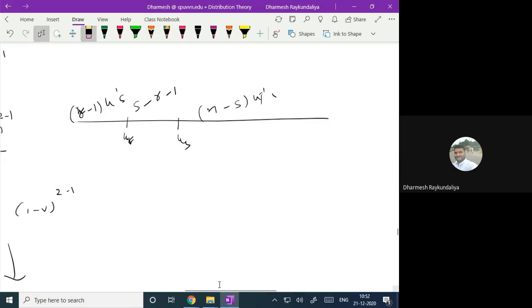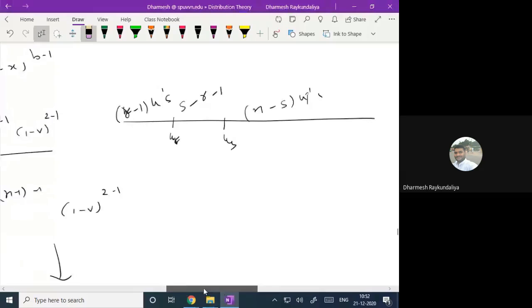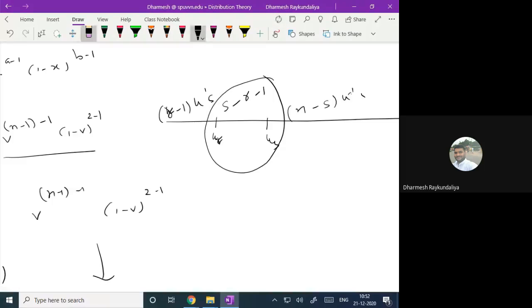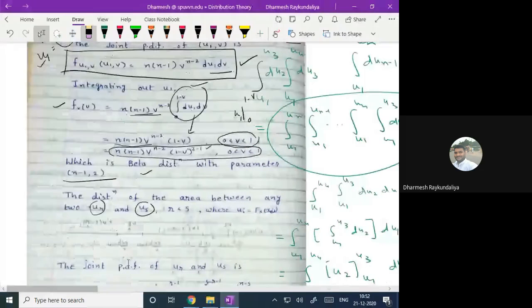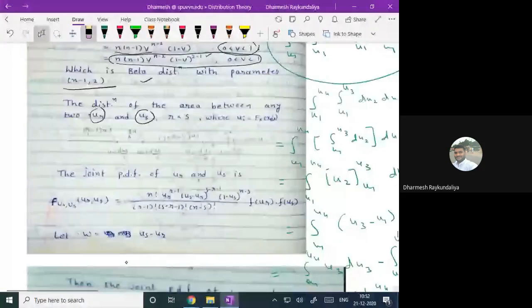So if I am writing first the joint distribution, because I am interested to find out the area between any two order statistics, first I have to write down the joint distribution of UR and US. So by using this, we can write, there are total n observations, so there is n factorial. How many observations precede the rth order statistic?